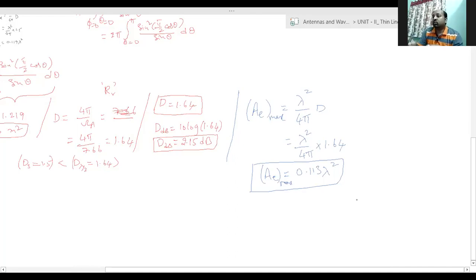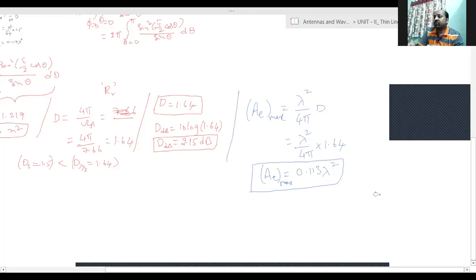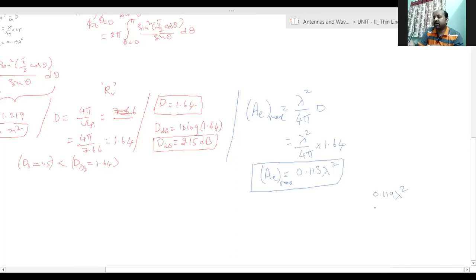So what is the effective aperture of a short dipole? The effective aperture of a short dipole is 0.119 lambda square, which we derived earlier, whereas the effective aperture of a half wave dipole is 0.113 lambda square.